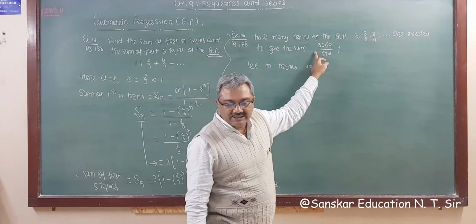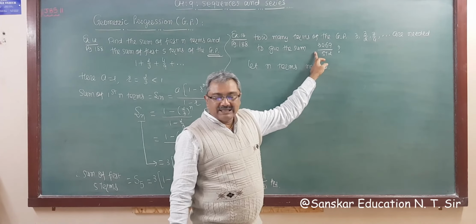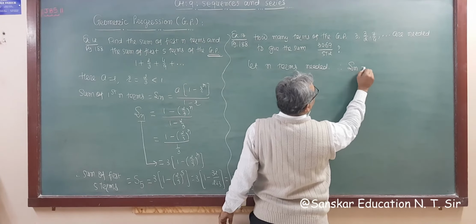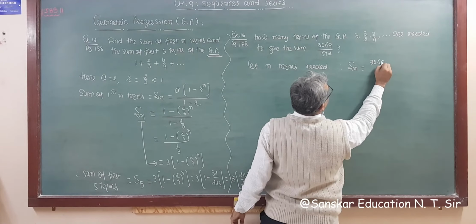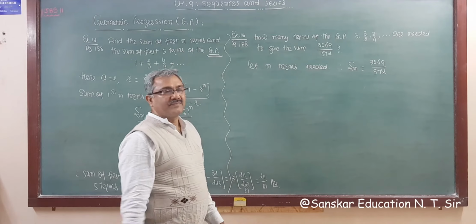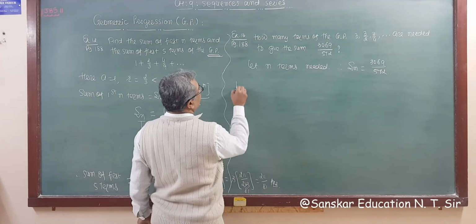What is given here? Sn is given, so Sn is equal to 3069 upon 512. This is given.